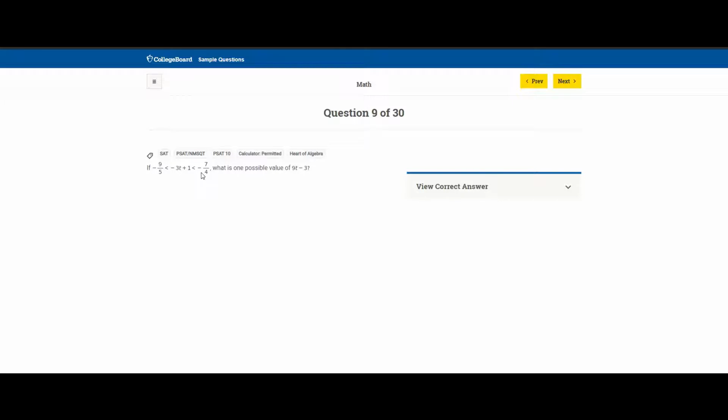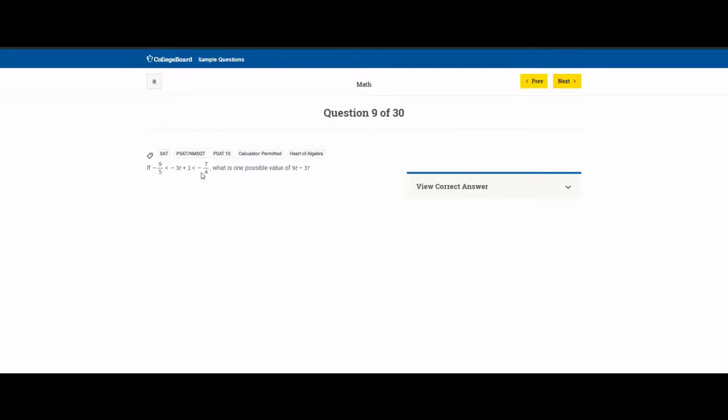What is one possible value of 9t minus 3? So we go ahead and solve the inequality for it. What we can actually do is a fun fact. We can switch them around, which makes it easier on us.